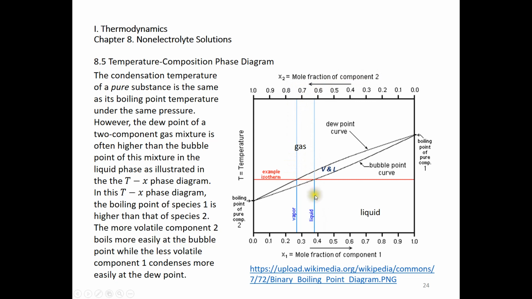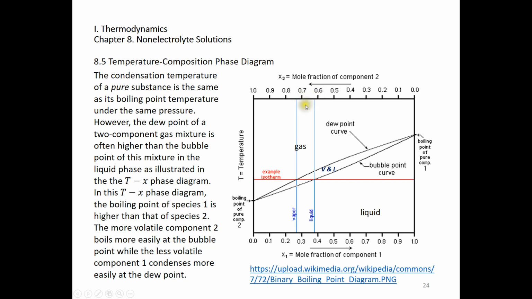So if you heat up the liquid mixture of component 1 and 2, and then you collect the gas phase when you just hit the bubble point curve, we have a 0.73 mole fraction of component 2, and this is how we enrich component 2, from 0.62 to 0.73.